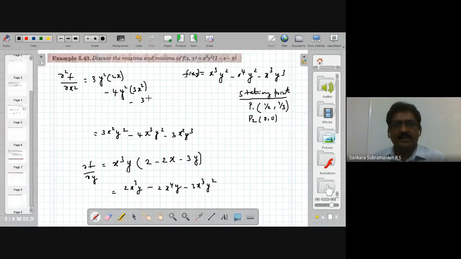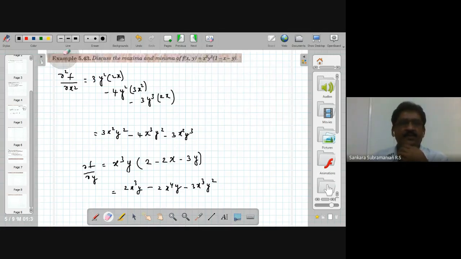Minus 3 times y cube into differentiating x square, you get 2x. This is dou square f by dou x square. If you want to simplify, what is the value you get? So r equals 3 2s are 6.